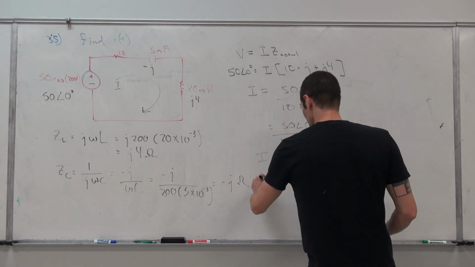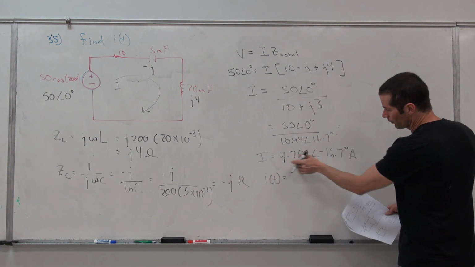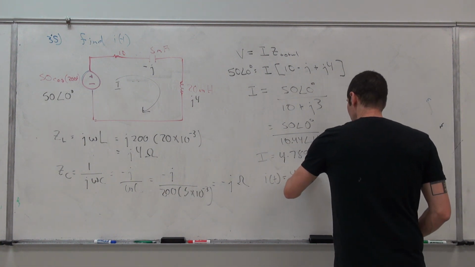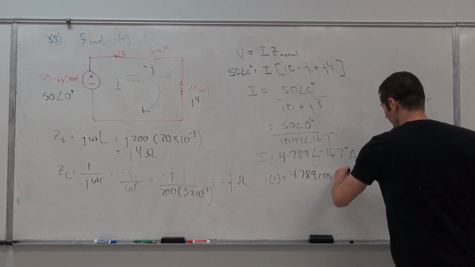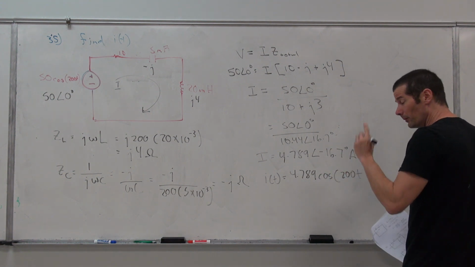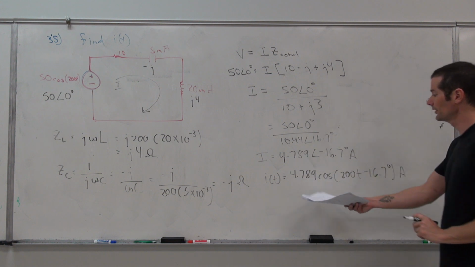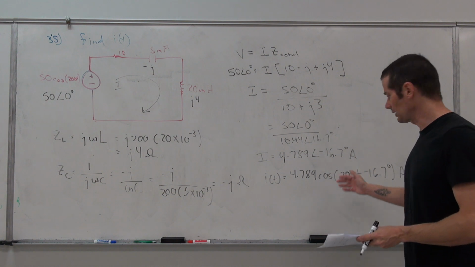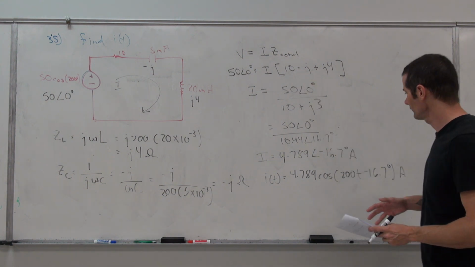So go back and reconvert that to i(t) with this magnitude, 4.789 times cosine of 200t minus 16.7 degrees amps. And this is the true answer that we're really concerned with when it comes to looking at the current within the circuit. Okay.